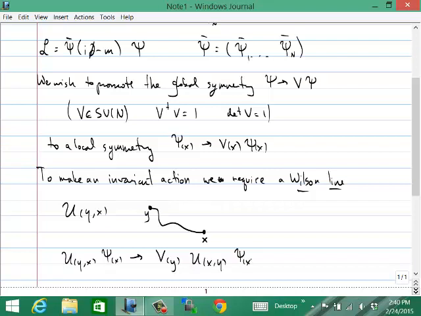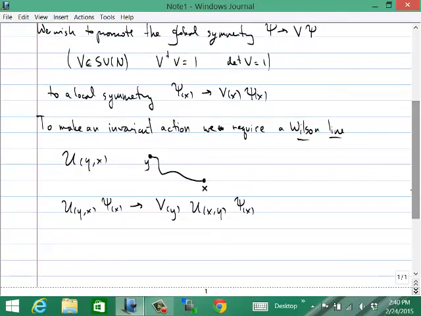Okay. So what that means is that under a gauge transformation, under one of these local symmetries, U has to transform by conjugation, where we multiply by the operator V of y on the left and V of x dagger on the right.